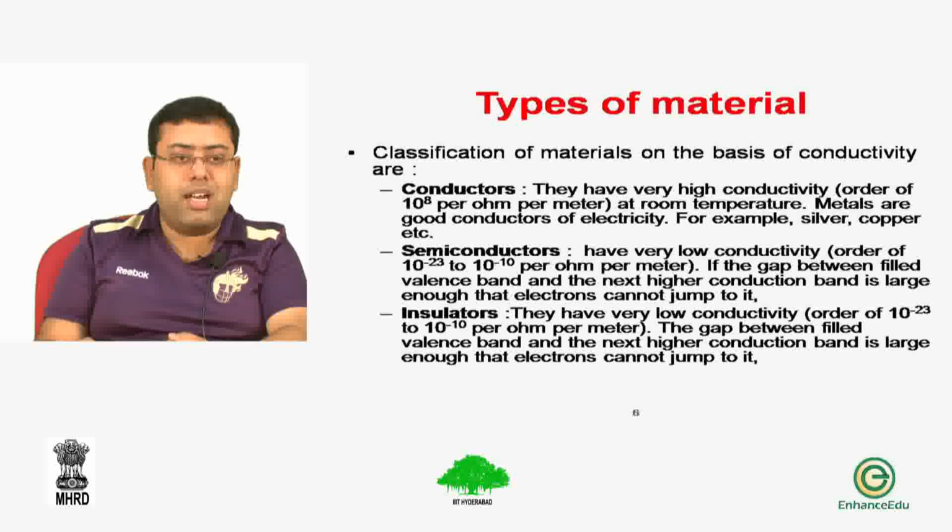At high temperatures they have reasonably high conductivity. They are called semiconductors. The third type of material is one in which the conductivity is very low at any temperature whatsoever, and it requires a high voltage to be applied across that material to initiate any conductivity. Those materials are called insulators.